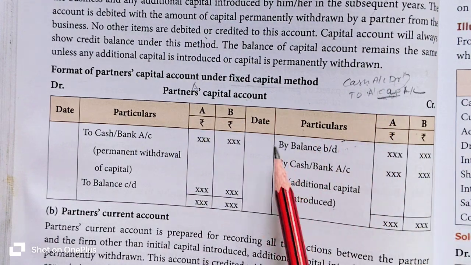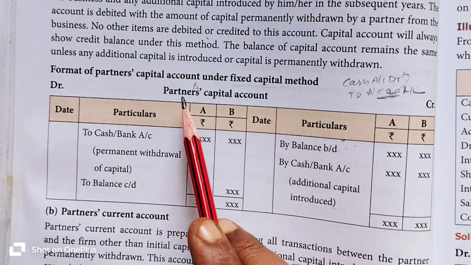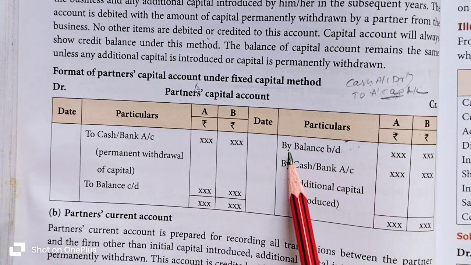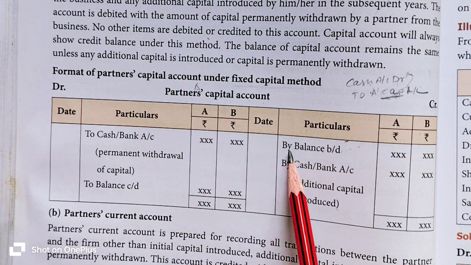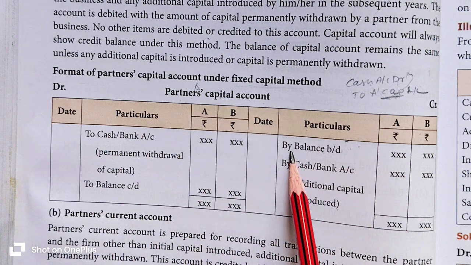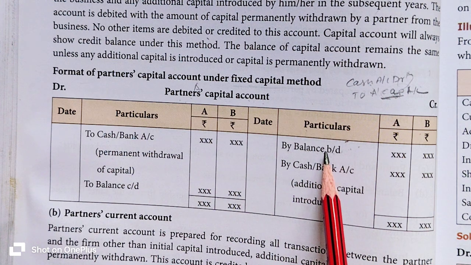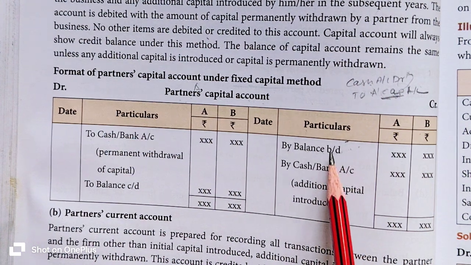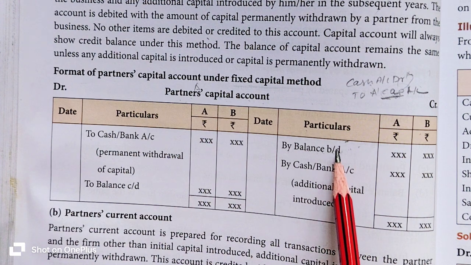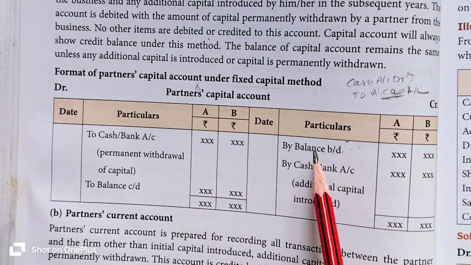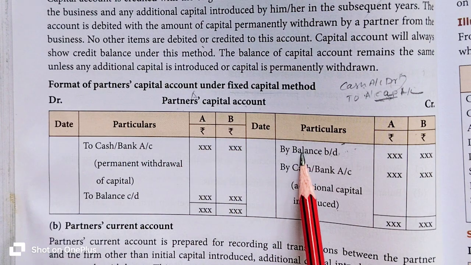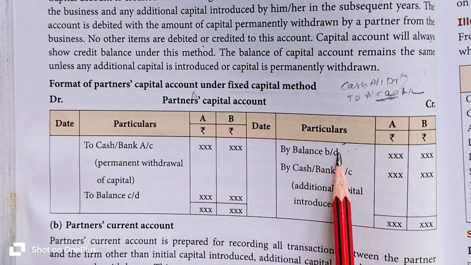For the partners' capital account, how will you write the opening capital? On the credit side, you write by balance brought down. Why? Because the partners introduced the original amount of capital into the business. This is the opening balance, the opening capital.